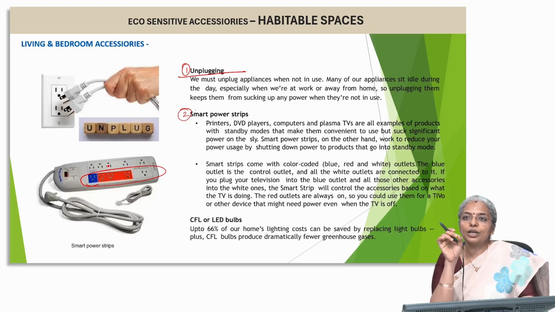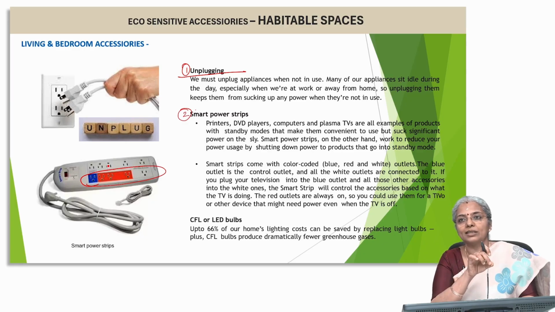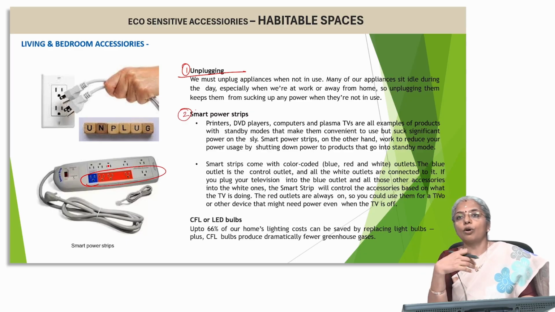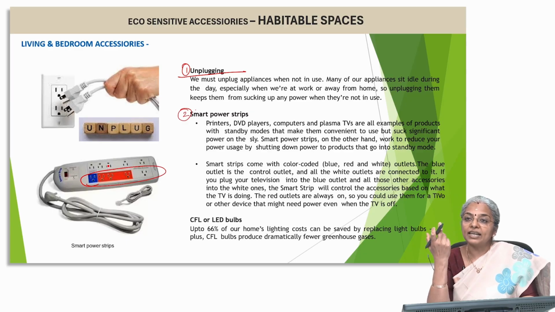If you plug your television into the blue outlet and all the other accessories into the white ones, the smart strip will control the accessories based on what the TV is doing. The red outlets are always on, so you could use them for a TV mode or another device that might need power even when the TV is off.